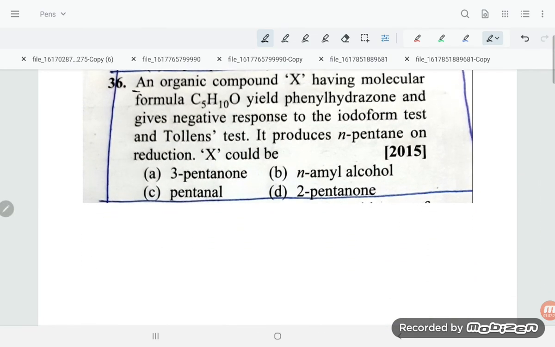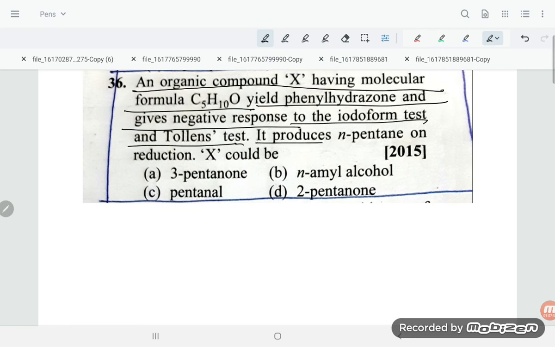An organic compound X having molecular formula C5H10O yields a phenyl hydrazone, gives a negative response to the iodoform test and Tollens test, and on reduction produces n-pentane. X could be?